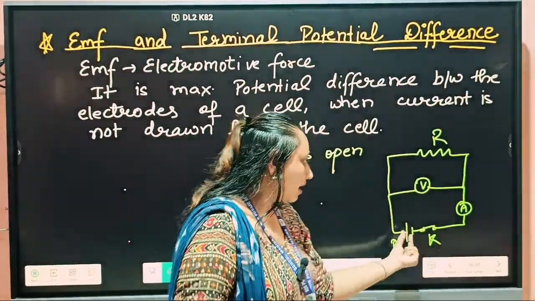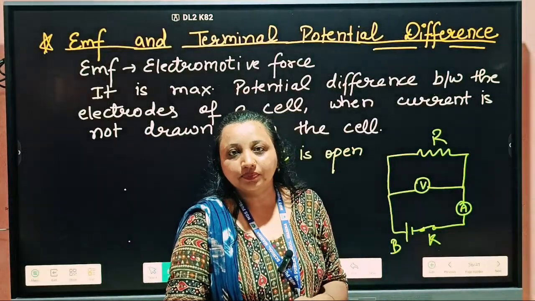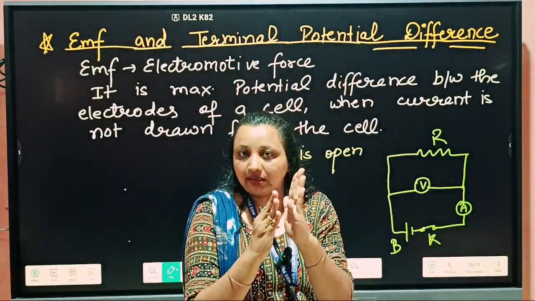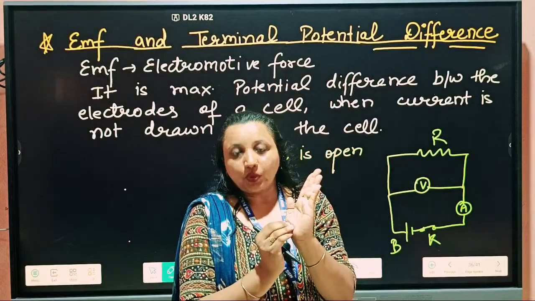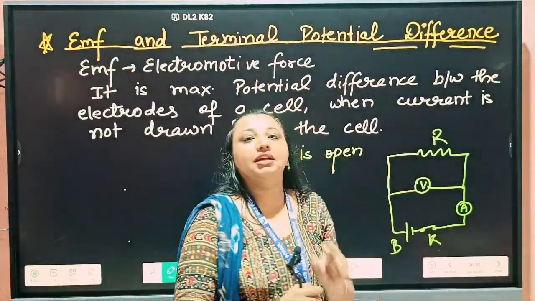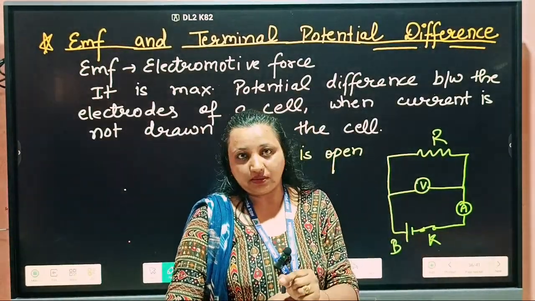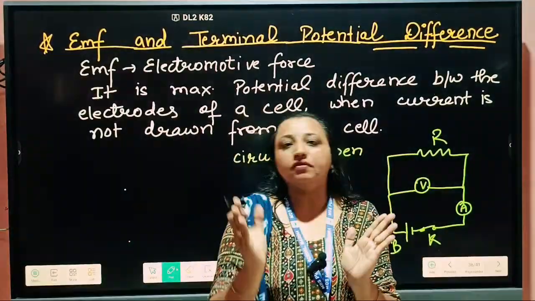What does this higher, this longer streak stand for? There are two terminals of a cell or a battery. The first one is, we can say, positive or the longer one. That means this terminal has the higher potential. Terminal potential difference is a potential difference between any 2 points of the cell.